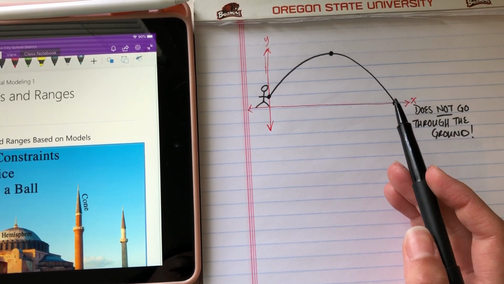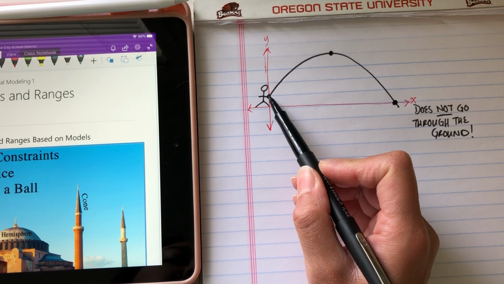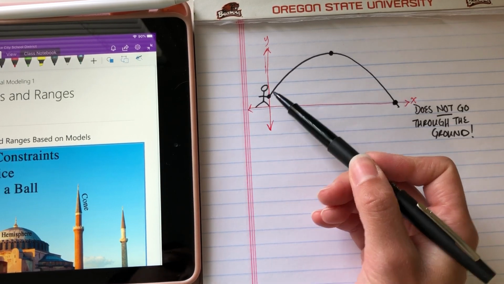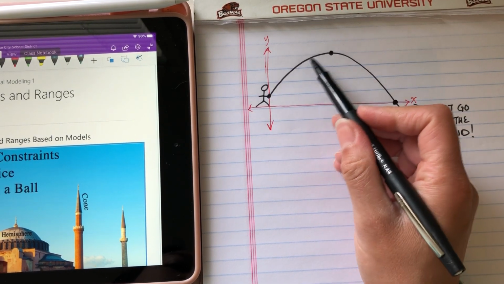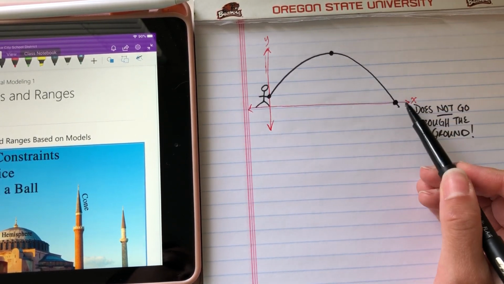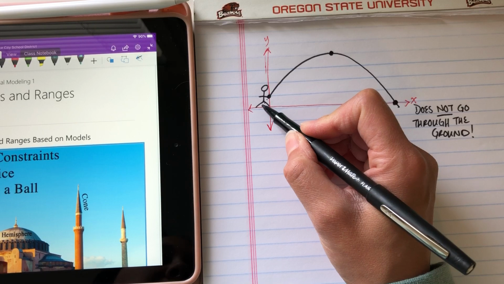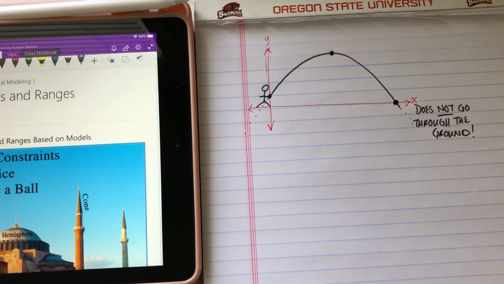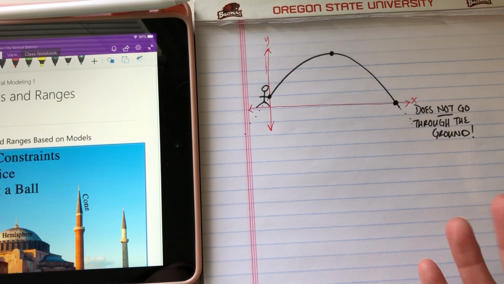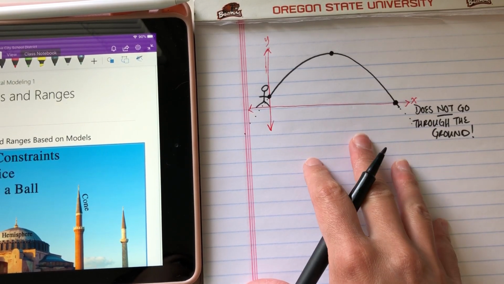The second note is, does the ball ever have negative x value, right? So we know that this is a parabola, a quadratic or a parabola. Okay, and so this technically is going to go on forever and ever, and this is going to go on forever and ever. But that's in the math world. We're dealing with a realistic situation here.